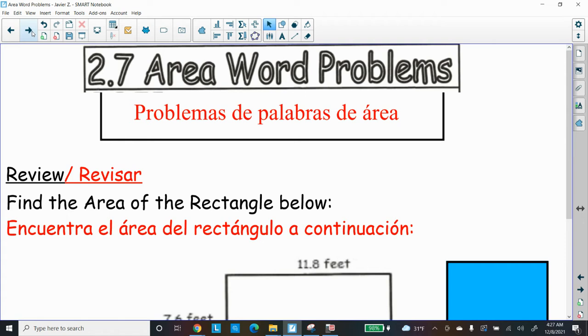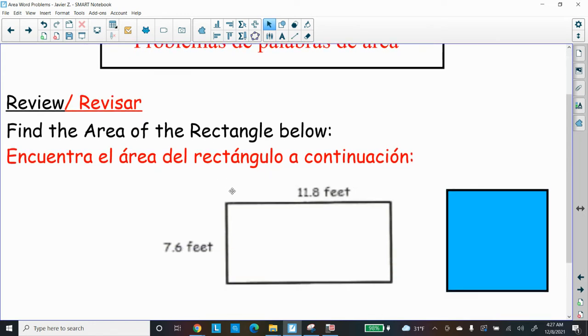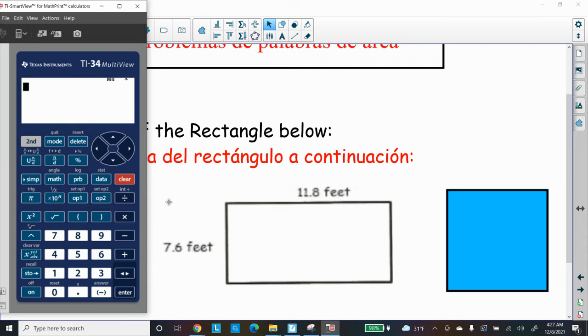So let's review, because I know my 7th graders had some experience some time ago with area before. Let's find the area of this rectangle below. Here we have the dimensions of 7.6 feet and 11.8 feet. If you remember, area of a rectangle is found by multiplying the two sides that you have, length and width. So let me get a calculator because they have some decimals.